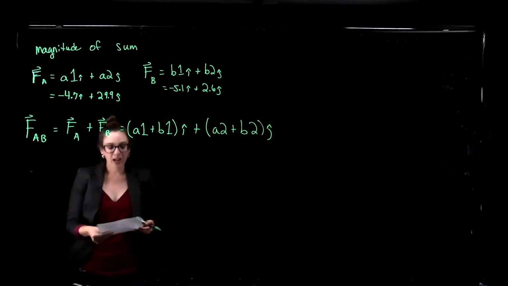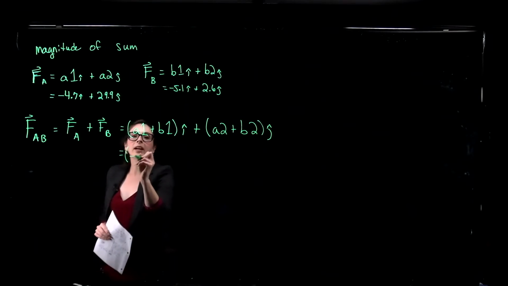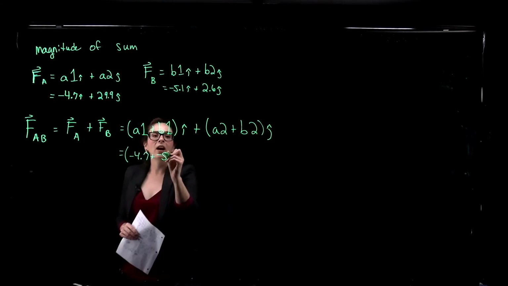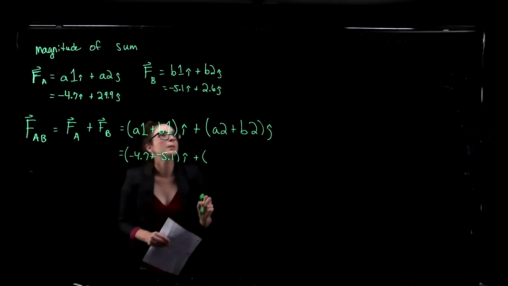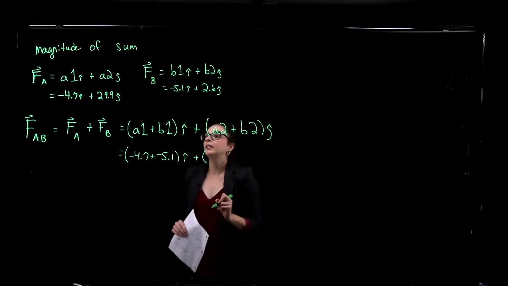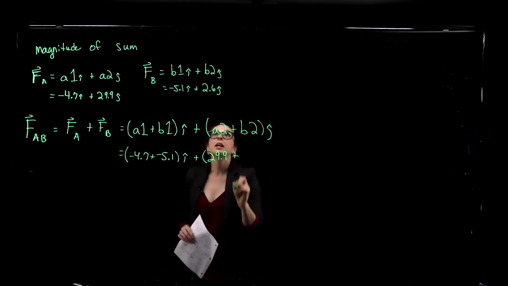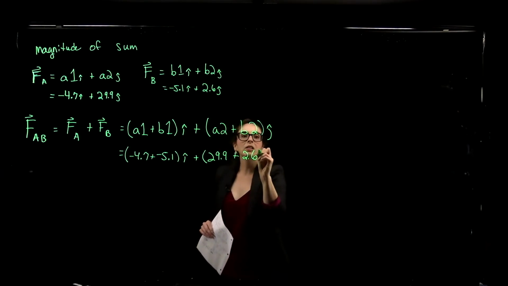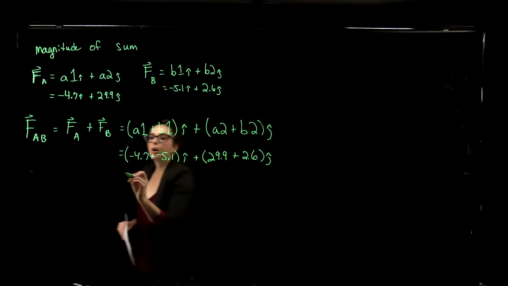So if I add A1, that's minus 4.7, to B1, which is minus 5.1, i-hat, plus we've got 29.9 for A2 plus B2, which is 2.6 for me, and that was all j-hat.